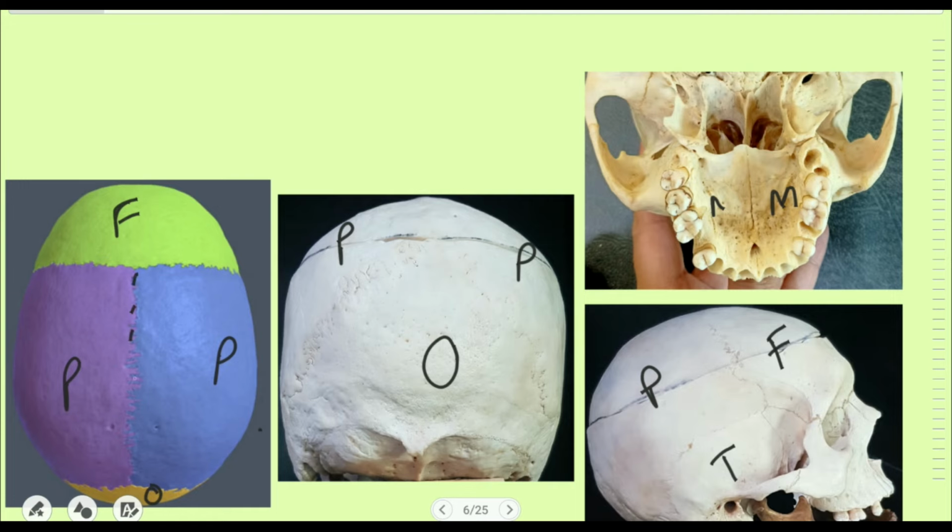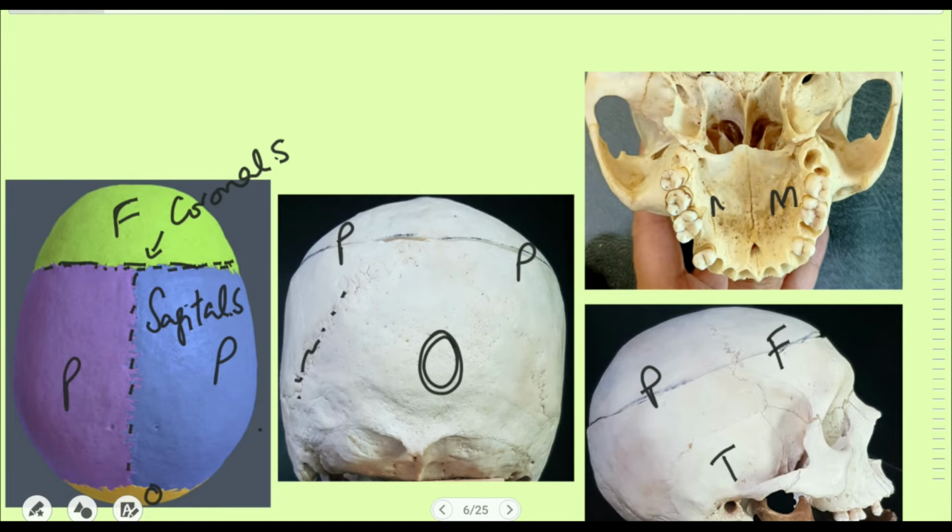Between the two parietal bones, you can see that we have got a joint. This is the suture, and this suture between two parietal bones is known as sagittal suture. There is a contact between the two parietal bones and the frontal bone here, and this suture is known as the coronal suture. This is the occipital bone, and these are the parietal bones.